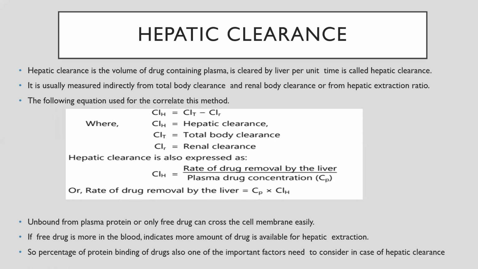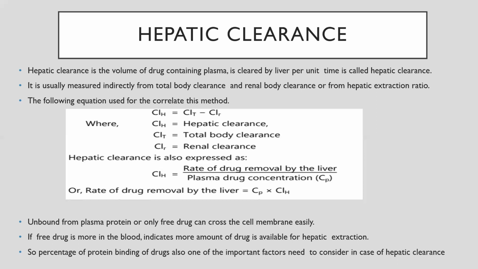There is an equation for hepatic clearance: CLH is equal to CLT minus CLR. Here CL means clearance, CLH means hepatic clearance, CLT means total body clearance, and CLR means renal clearance.